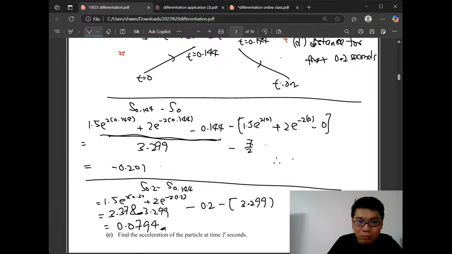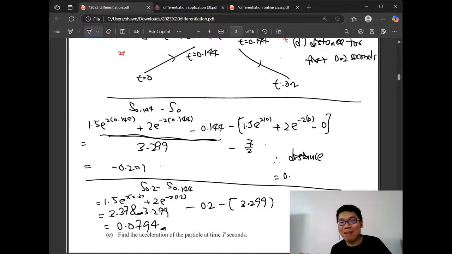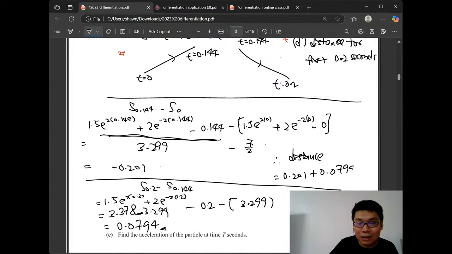Then the total distance equals, remember, we do it separately, because I remember previously some of you directly counted both of them and then summed them together, which is wrong, because distance is a scalar, not a vector, so you only add their values, their magnitudes, without the sign.